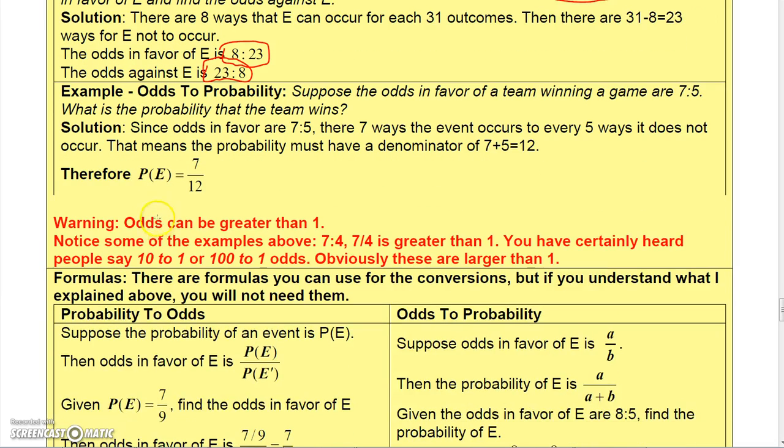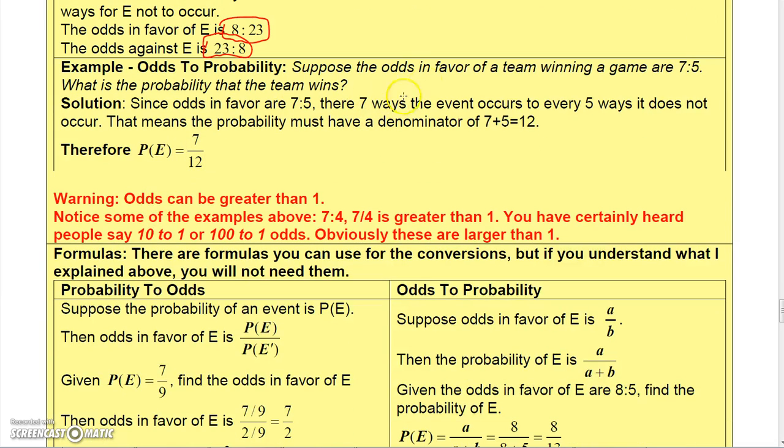Now, if you want to convert odds to probability, you simply do this. Let's say the odds are 7 to 5 and you want to convert them to probability. Well, 7 to 5 means there's 7 ways the event can occur to every 5 ways it cannot occur.